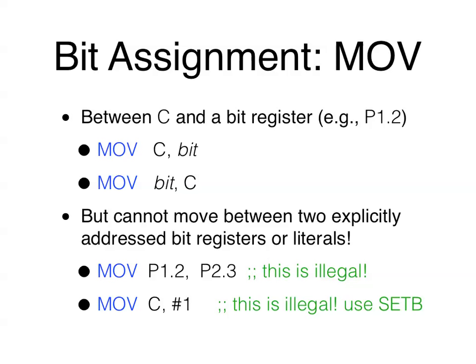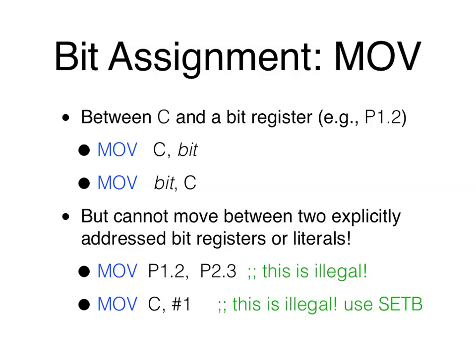So if you want to move from P1.2 to P2.3, you have to go through C. Move it to C and then move it out of C in 2 steps. And MOV cannot take a literal, like #1 or #0. Instead, you have to use SETB or CLR.